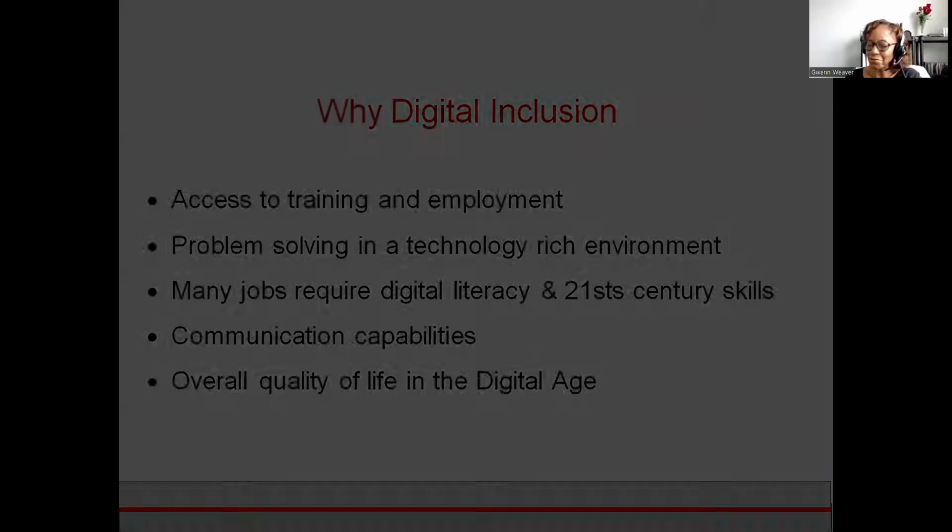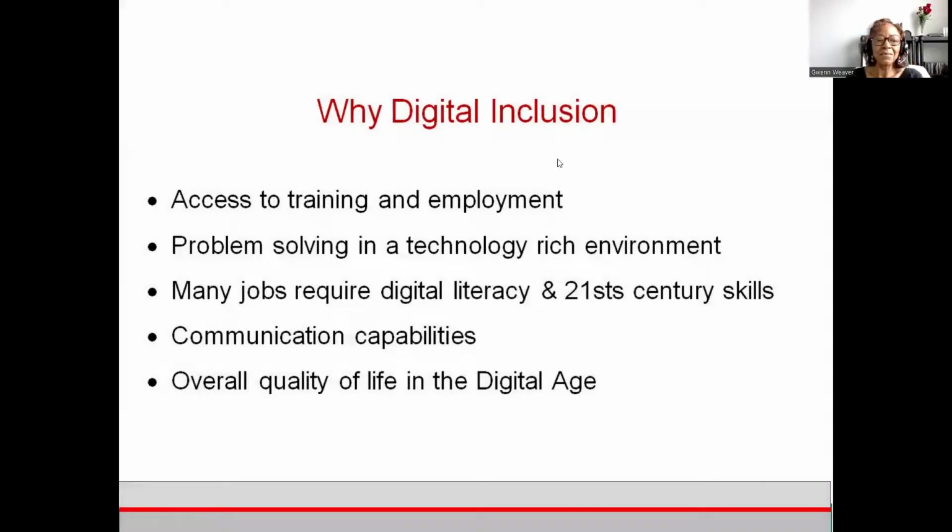But that all leads to my next slide, which is, why are we talking about digital inclusion? We know that there are approximately 43 million adults who read below the grade level, at least according to the PIAAC data. And more than half of those adults are people of color. If you're familiar with PIAAC data, think about the original report.